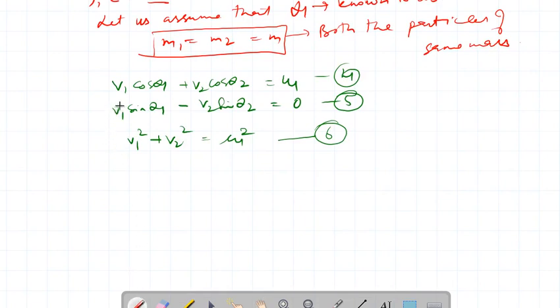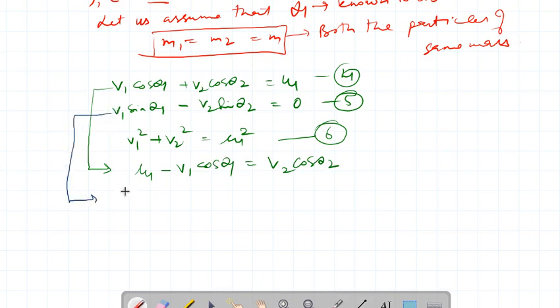So using this equation I can write down u1 minus v1 cos of theta 1 is equal to v2 cos theta 2, and from here I can write down that v1 sine of theta 1 is equal to v2 sine of theta 2.